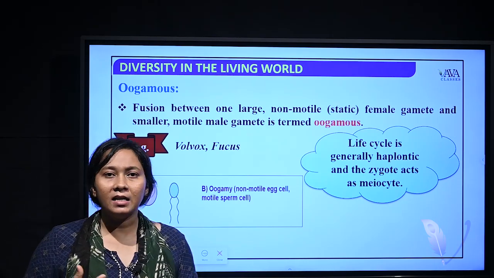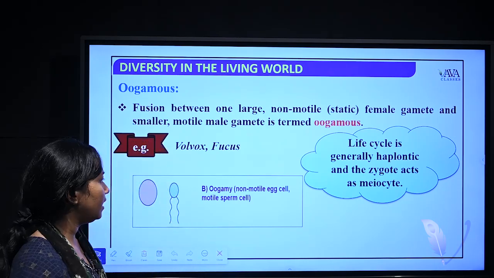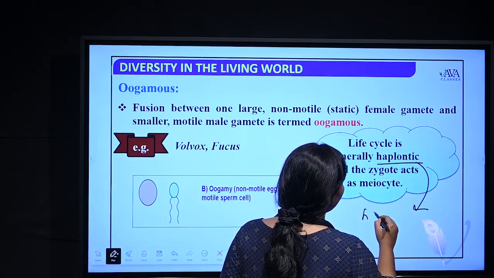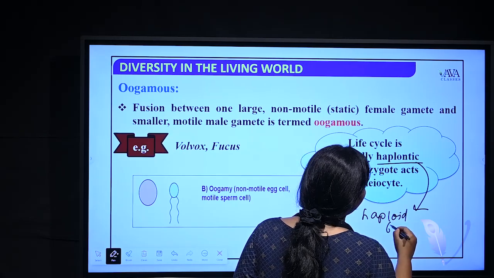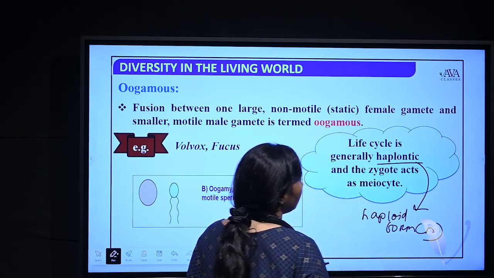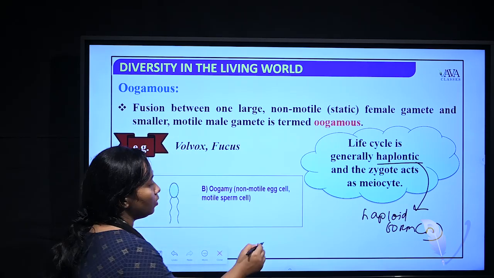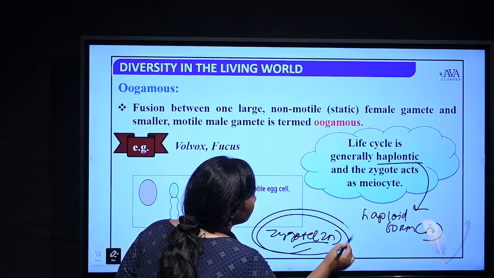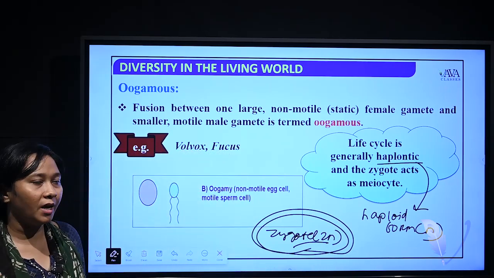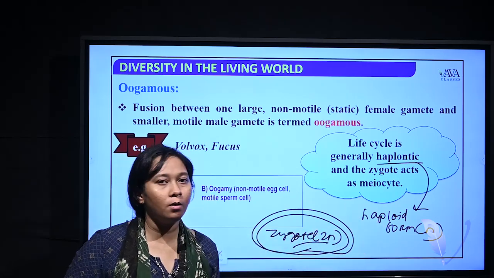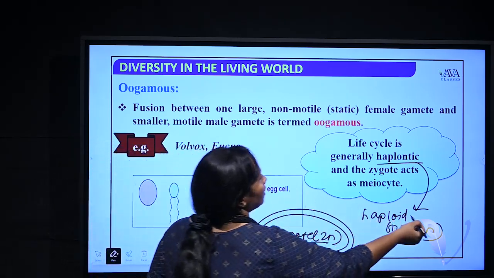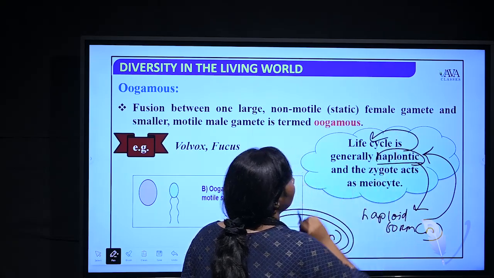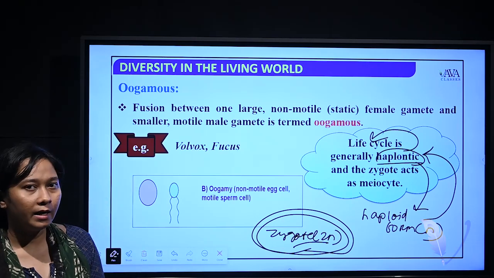So in algae, most of their stages are in the haploid, N, form. Only the zygote stage is 2N. That's why they have a haplontic life cycle.